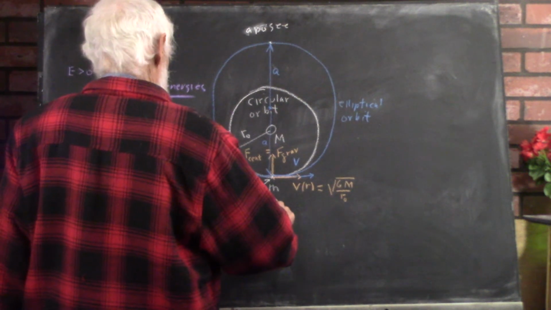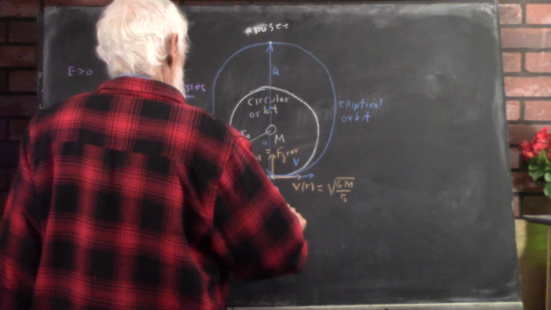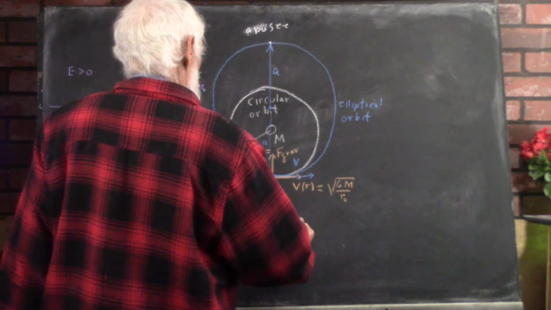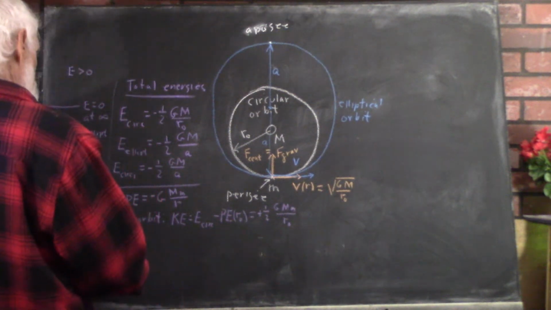And that turns out to be plus 1/2 big G, big M, little m over R naught.